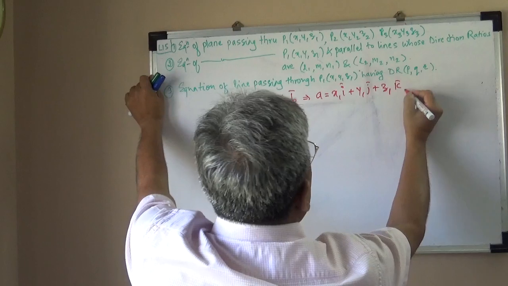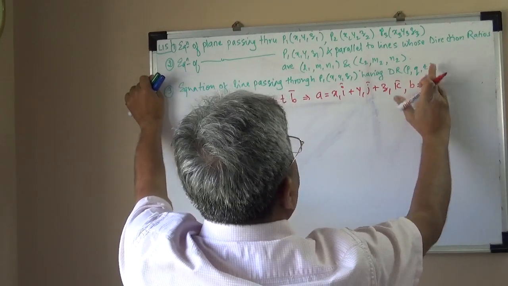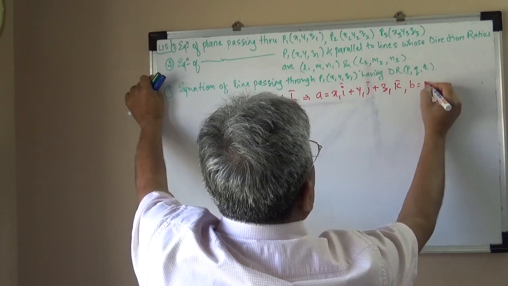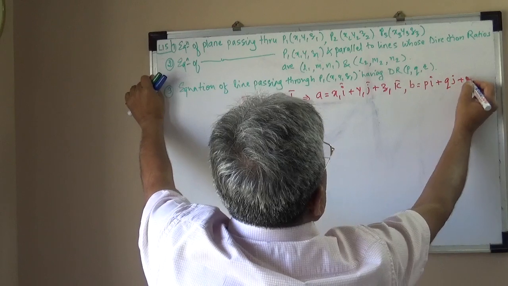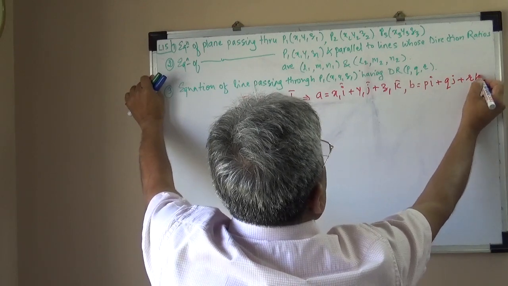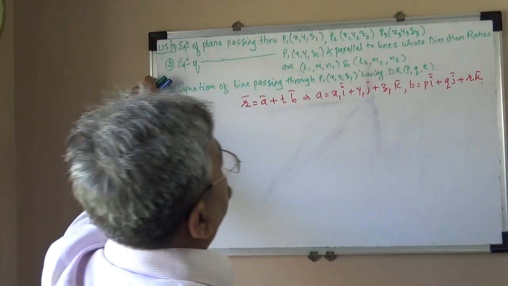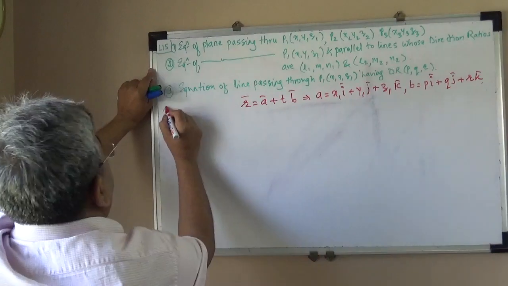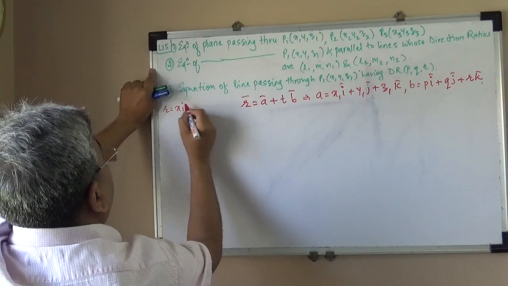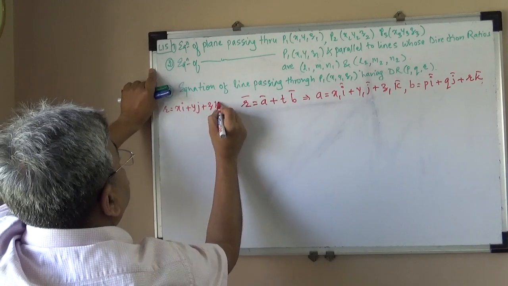And what will be our b? These are direction ratios, so b is p i plus q j plus r k. And r will be equal to x i plus y j plus z k.